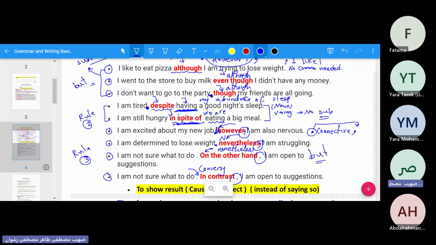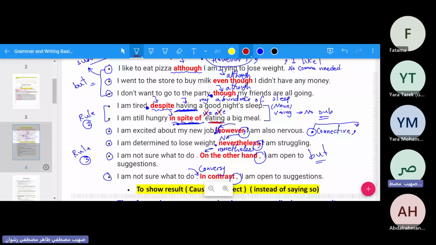If I used although, Sarah, Fatma, I am still hungry. In spite of we are eating a big meal, the sentence is wrong. Why it's wrong? Because in spite of and despite are not followed by a subject. What they are followed by? Verb and ing.